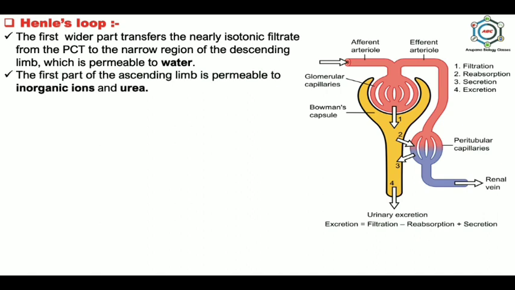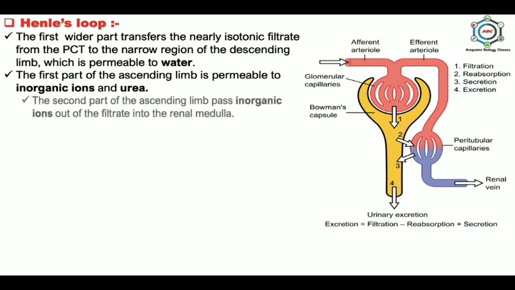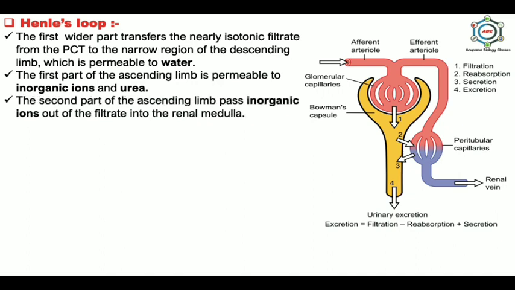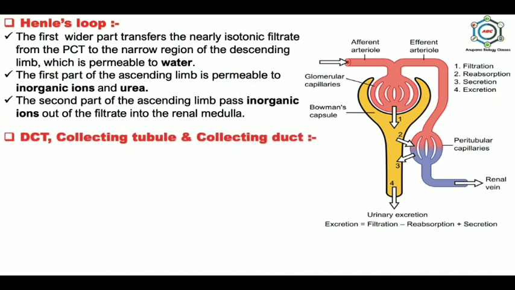Then the first part of the ascending limb is permeable to inorganic ions and urea. The second part of the ascending limb passes inorganic ions out of the filtrate into the renal medulla, and then the DCT, collecting tubule and the collecting duct.